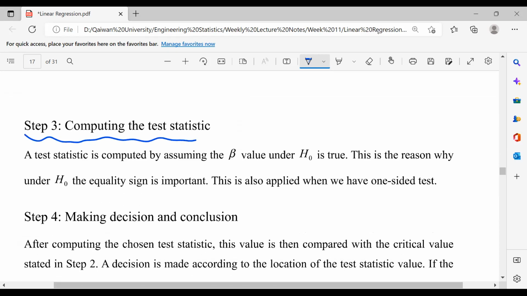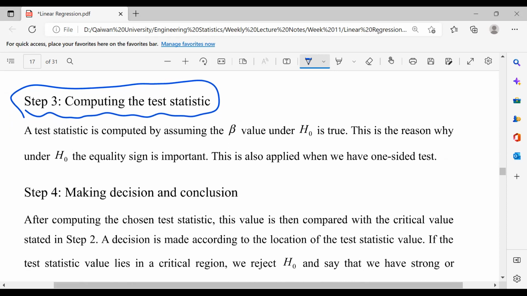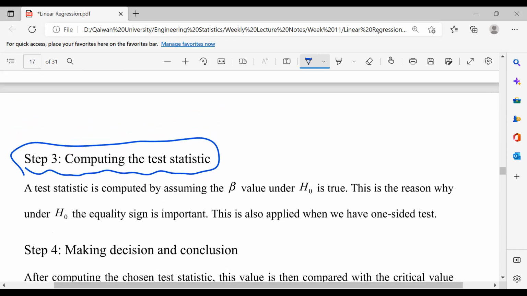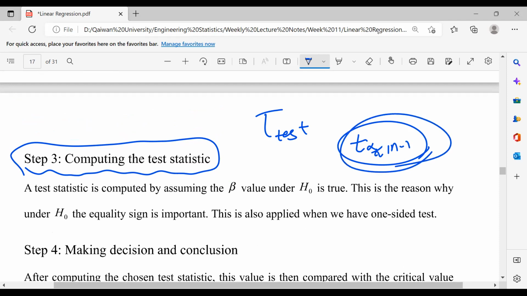Then in step 3, we are computing. We find the t-test, and also t of alpha over 2 and n minus 1 if we use t-test. In step 2, we find this one from the table.